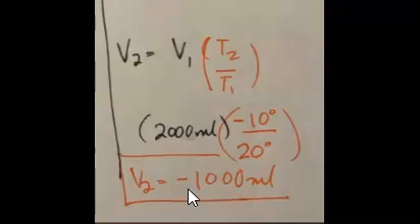Now, what that means is we stick the balloon in the freezer, we wait a while, it gets down to negative 10 degrees, and not only does the balloon disappear, but the space where the balloon was has sucked up 1,000 mLs of the surrounding environment. So by putting a balloon in the freezer, we've actually made the freezer smaller.